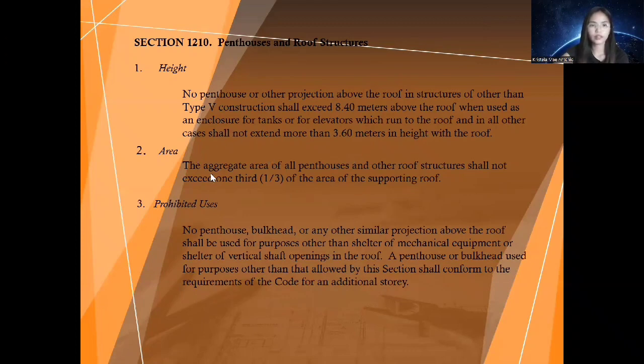So next is the area. The aggregate area of all penthouses and other roof structures shall not exceed 1/3 of the area of the supporting roof. So dapat dili siya mag-exceed of 1/3 ang iyang area sa supporting roof sa if batag penthouses. So next is the prohibited uses.